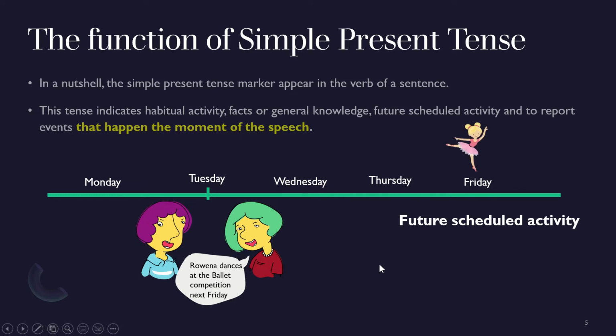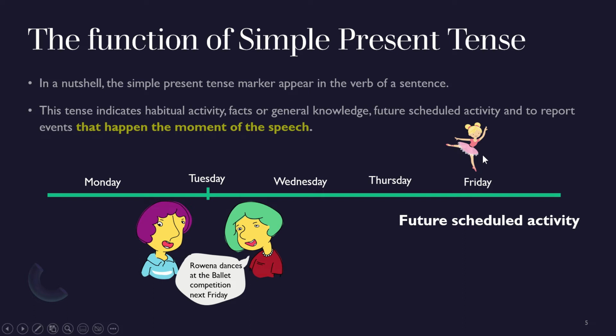Now, about the future scheduled activity. For example, "Rowena dances at the ballet competition next Friday." On Friday, a few days after this lady makes her speech about Rowena, she dances at the ballet competition.